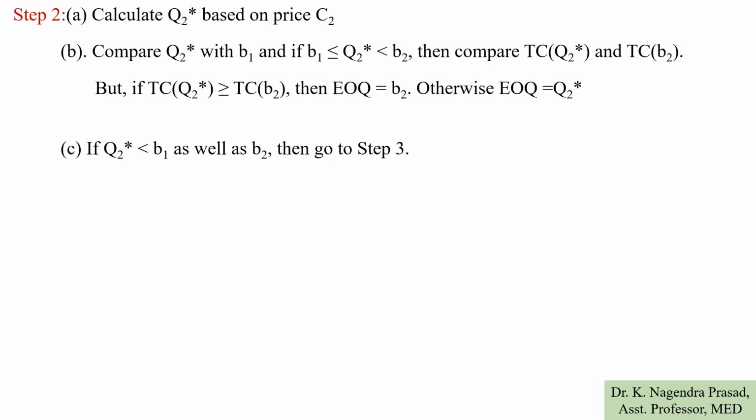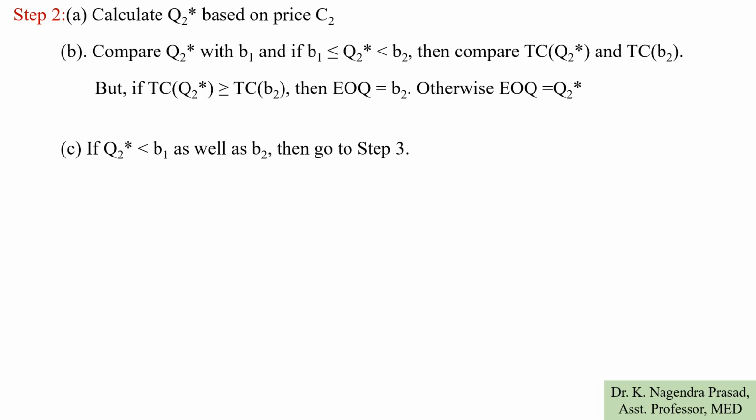Then compare Q2 star with B1, and if B1 is less than or equal to Q2 star and Q2 star is less than B2, which means Q2 star lies between B1 and B2, then compare the total inventory cost with respect to Q2 star and the total inventory cost with respect to B2. If the total inventory cost for Q2 star is greater than or equal to the total inventory cost for B2, then the economical order quantity is B2, otherwise Q2 star.